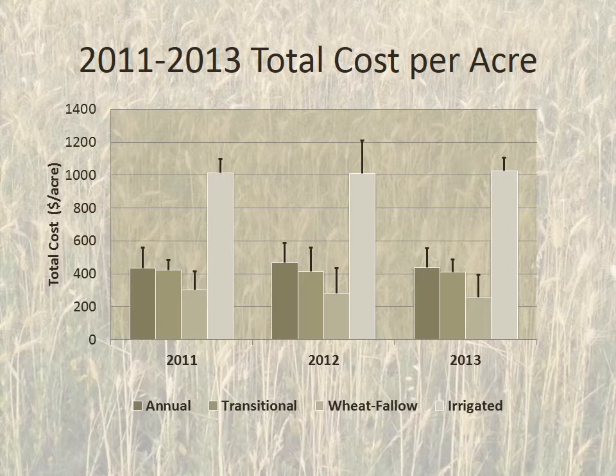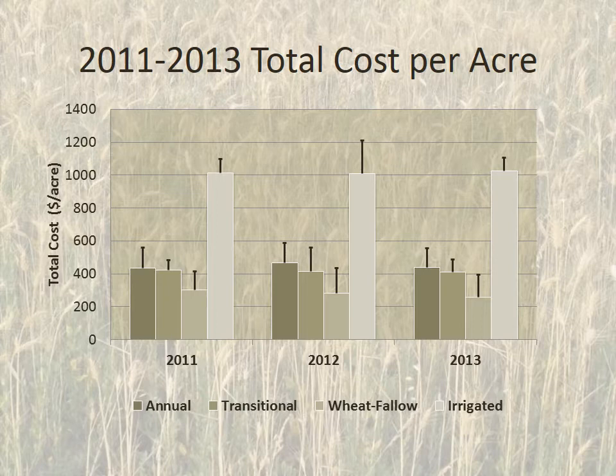And what I did is I compared the annual versus the transition and so on and so forth. So what I want you to notice is the difference between each class and each year. So in 2011, there's not a whole lot of difference between the annual and the transition class, whereas there's a huge difference in the irrigated class.